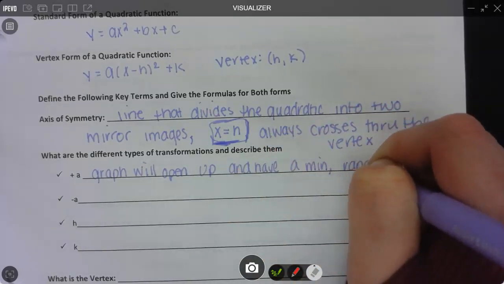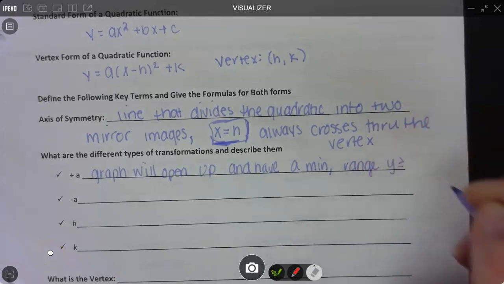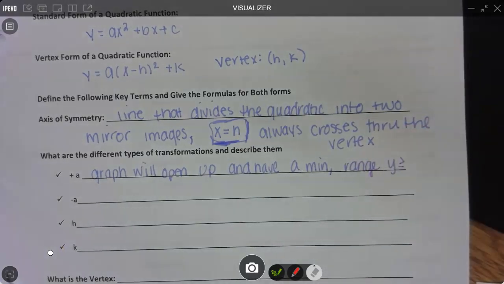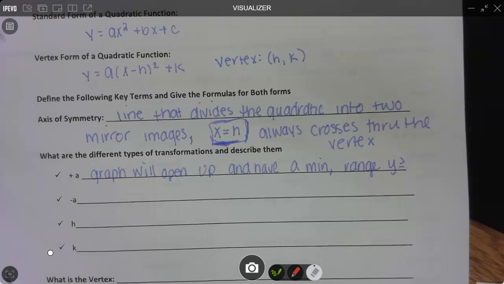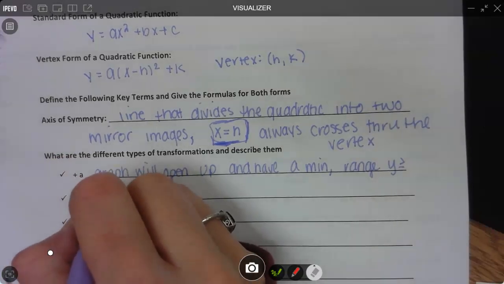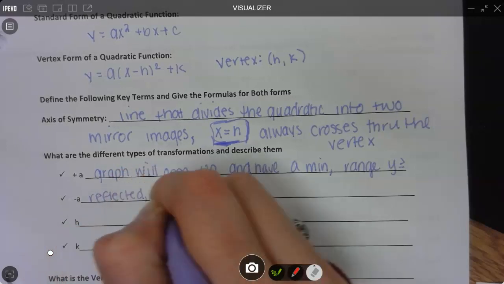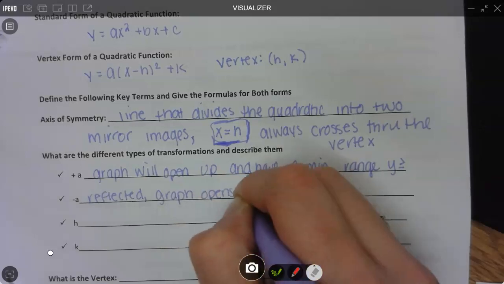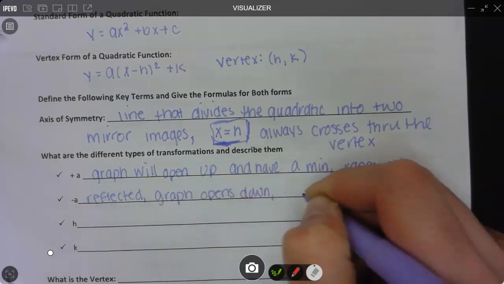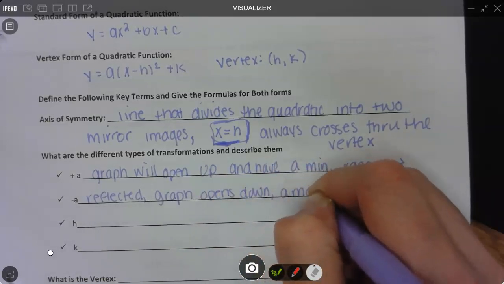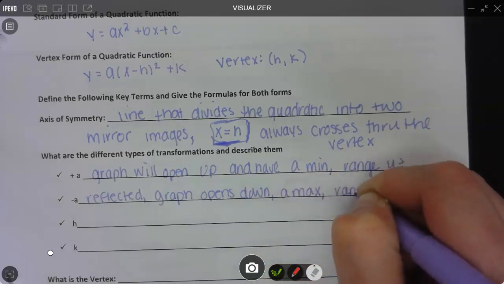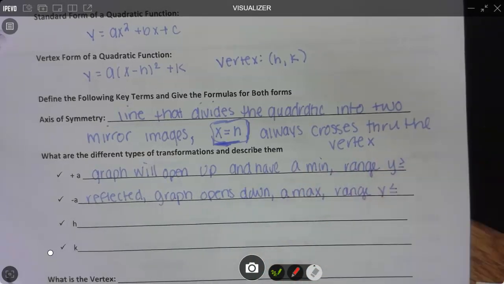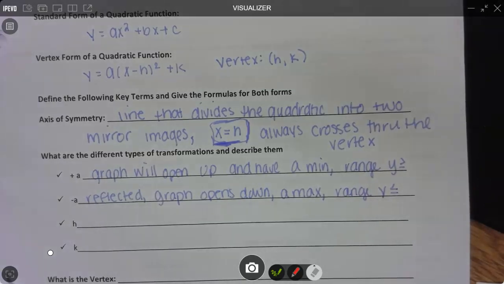It means my range will always be y greater than or equal to. A negative a value is reflected. The graph opens down like a frown. It will have a max, and my range will be y's less than or equal to.